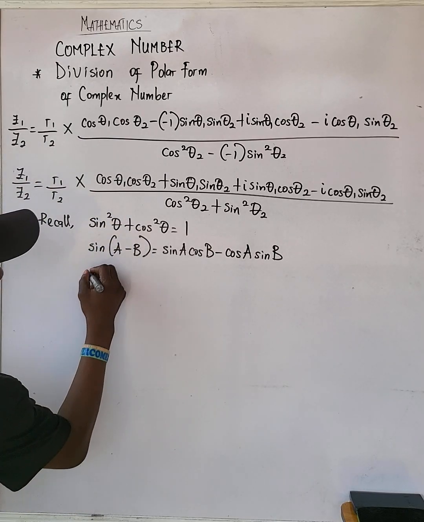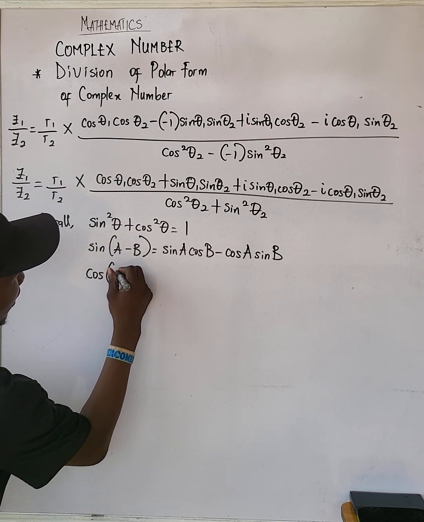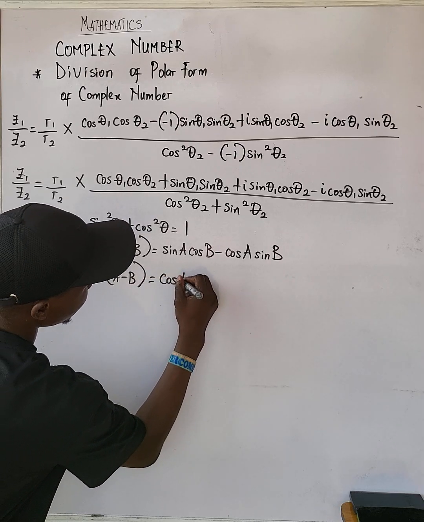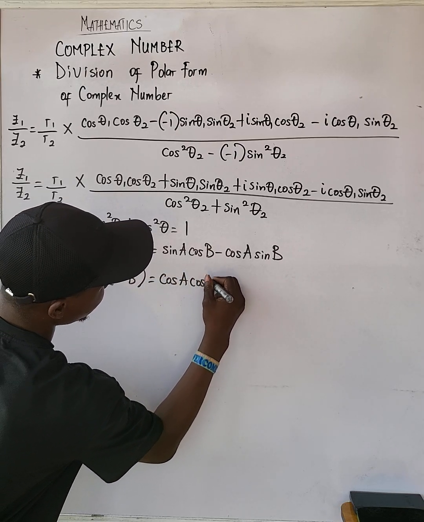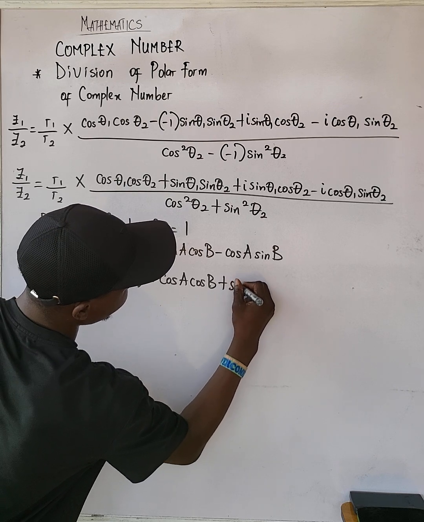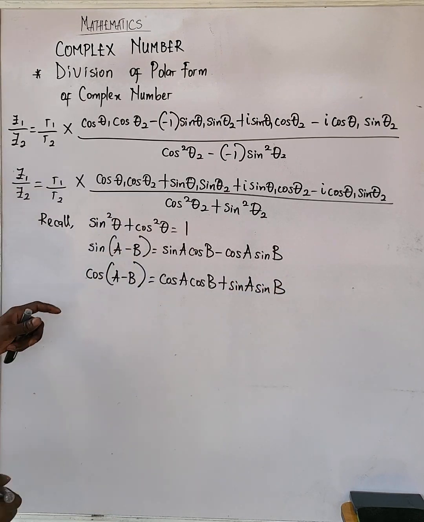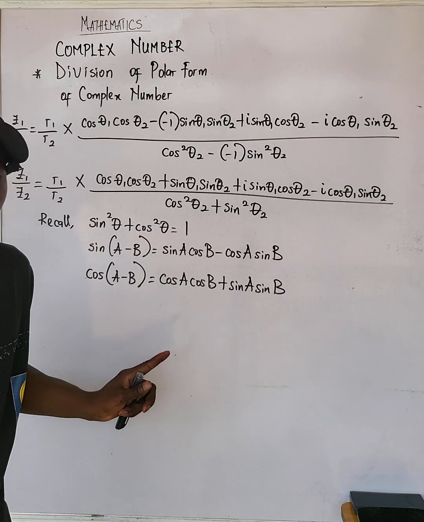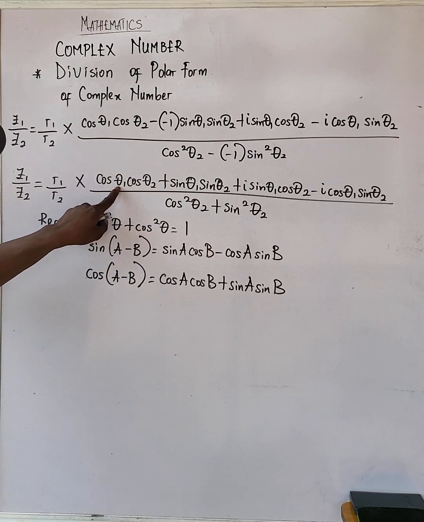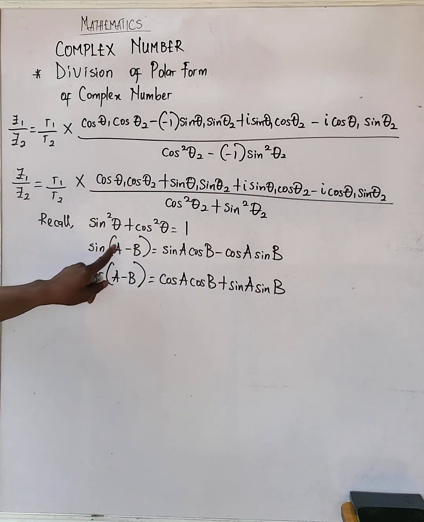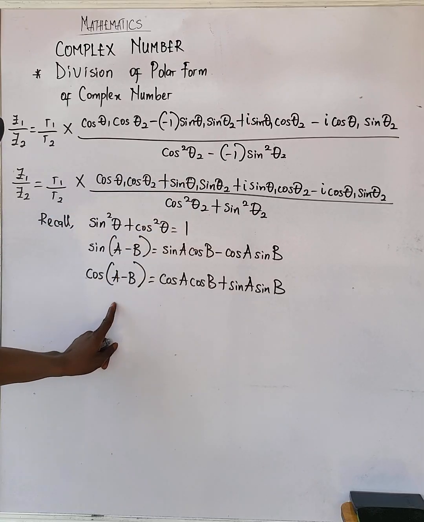And when you have cos A minus B, it is cos A cos B plus sin A sin B, right? Let's take A as theta 1 and B as theta 2. It means this cos theta 1 cos theta 2 plus sin theta 1 sin theta 2 is cos A minus B.